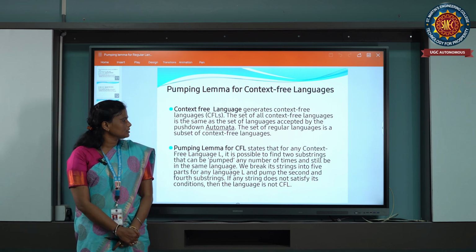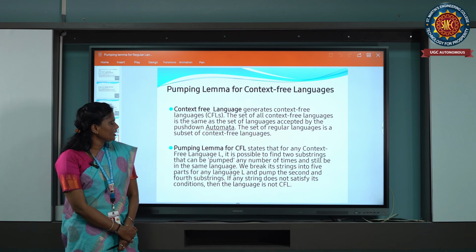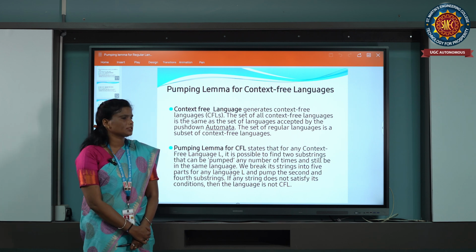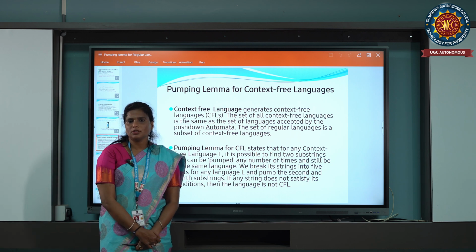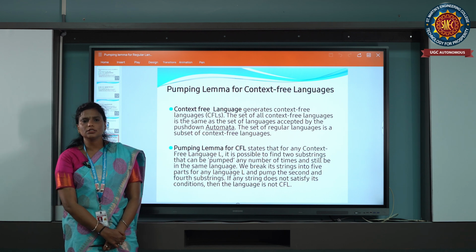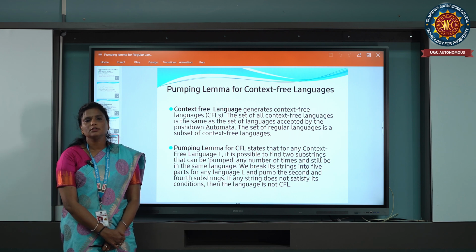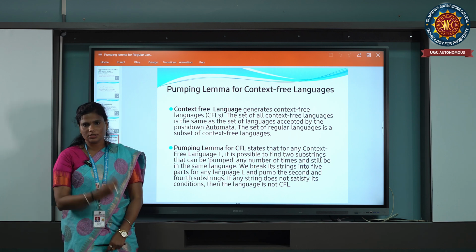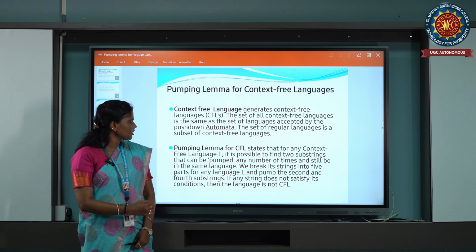We break the string into 5 parts for any language L, and pump the second and fourth substrings. In regular language we divide the string into x, y, z, but in context-free language we divide the string into 5 parts, like u, v, w, x, y. From this string we take the second and fourth parts.